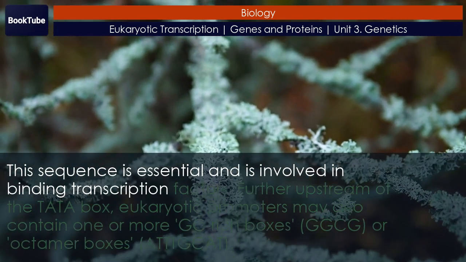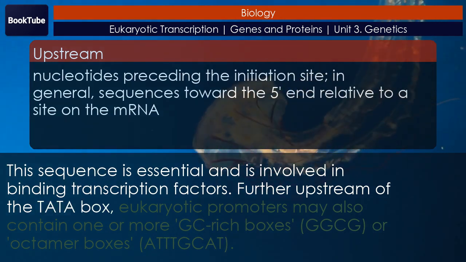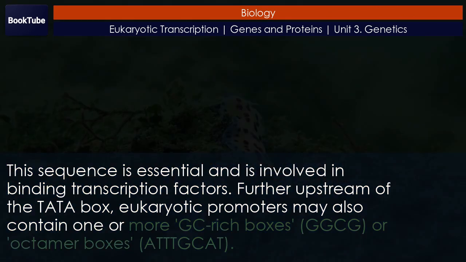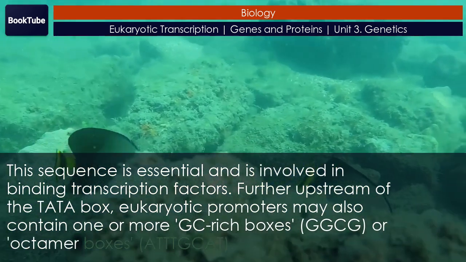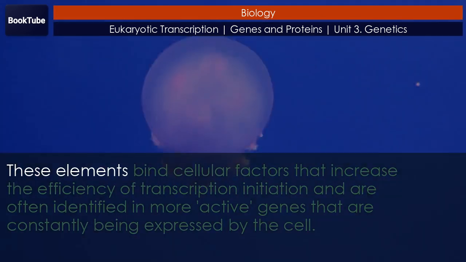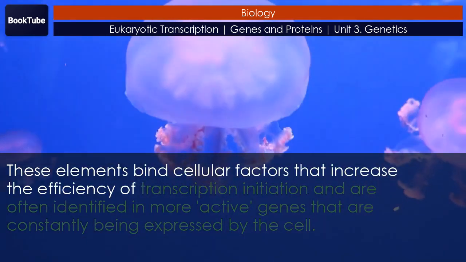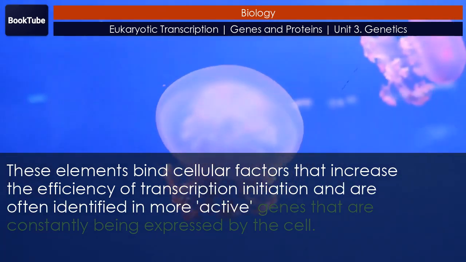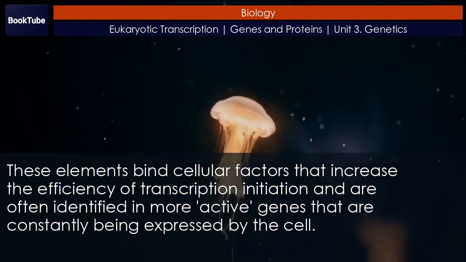Further upstream of the TATA box, eukaryotic promoters may also contain one or more GC-rich boxes, GGCG, or octamer boxes, ATTTGCAT. These elements bind cellular factors that increase the efficiency of transcription initiation and are often identified in more active genes that are constantly being expressed by the cell.